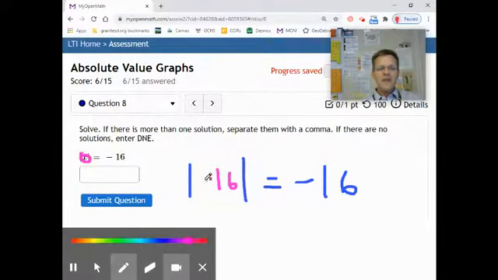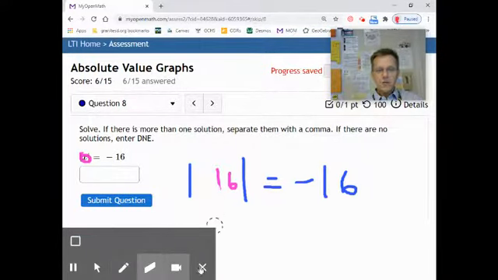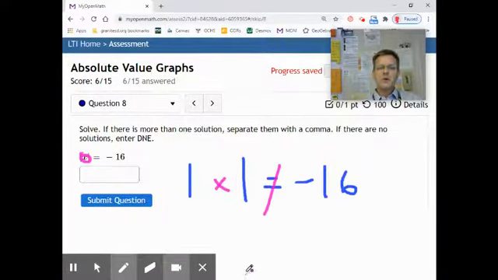So is there anything you can put in here that would equal a negative 16? No, there's nothing you can put in there. It's not possible because anything you put in for x would become a positive number. That's what the bars mean. The bars mean x has to be positive in this problem because it has bars around it.